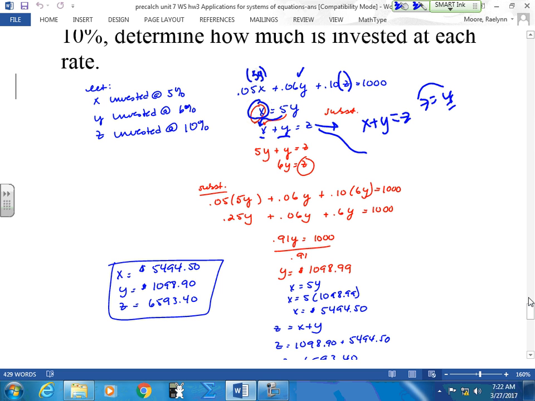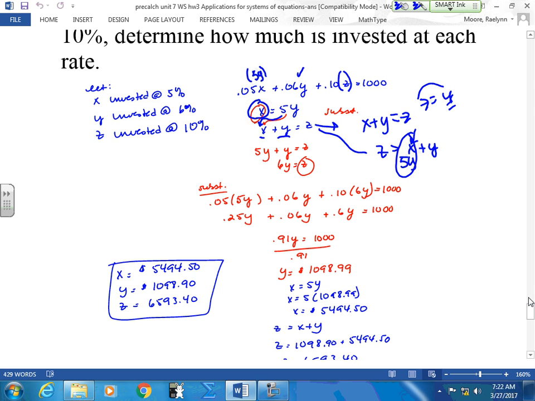So I go to this equation. So z is already solved for me, x plus y, right? How can I eliminate that x to just be in terms of y? Well, I have another statement that says you can eliminate that x in terms of y. This x is equal to 5y. So I can eliminate that x.